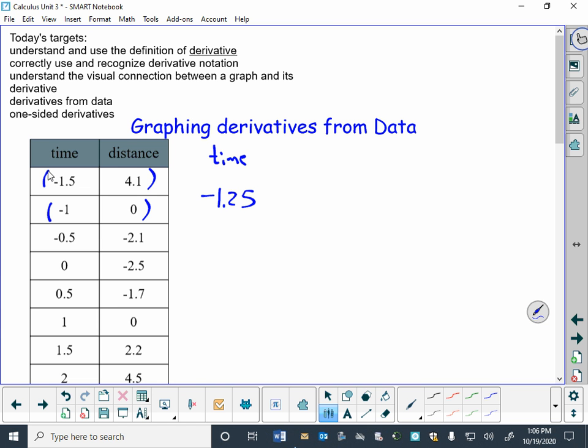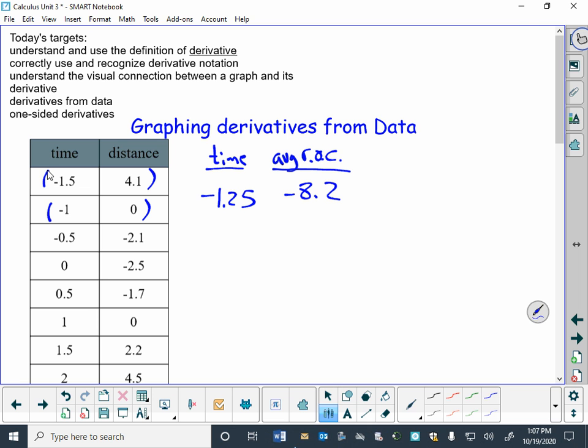But then our rate of change, which we'll do the average rate of change at that point, is going to be a change in y over change in x. So 0 minus 4.1 divided by that 0.5. 0 minus 4.1 is negative 4.1, divided by half is times 2. So that would be like a negative 8.2. Okay. That would give us an approximate value of the rate of change between those.